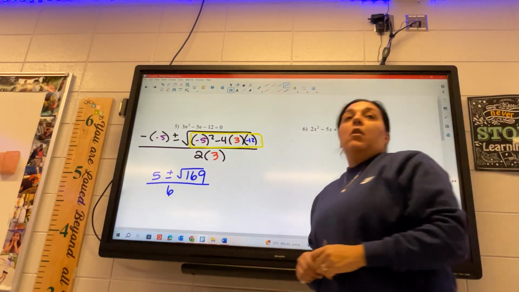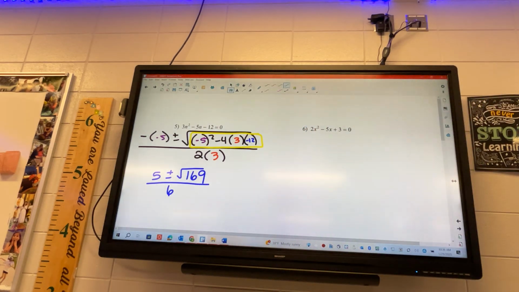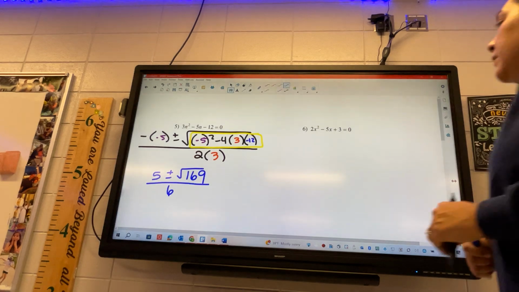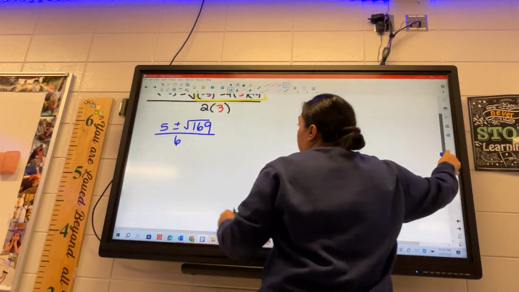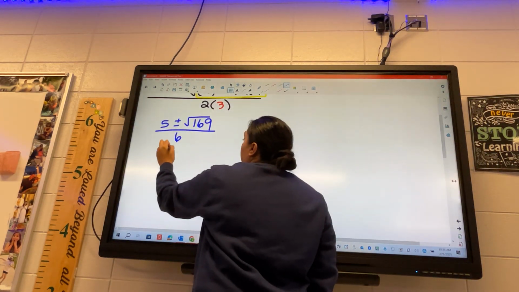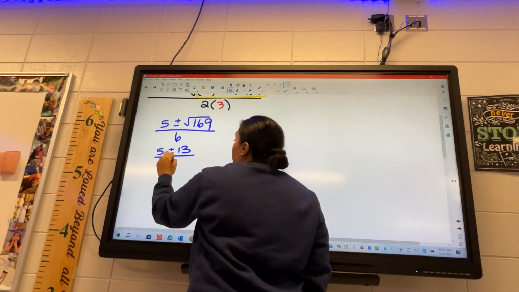Okay. Now you're gonna hit your house button. Square root of 169. 13. Okay, so it's gonna look like 5 plus or minus 13 over 6.